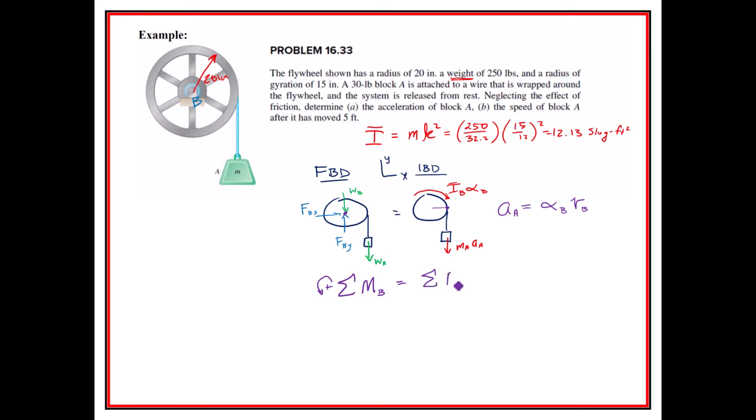the sum of the moments about B that are the effective moments, right? So here's where that idea of the effective moments comes in. Those effective moments are going to be I times alpha, but also, and here's an important concept, the reason we're going to write the effective moments is that this mass times this acceleration makes an effective moment, right?